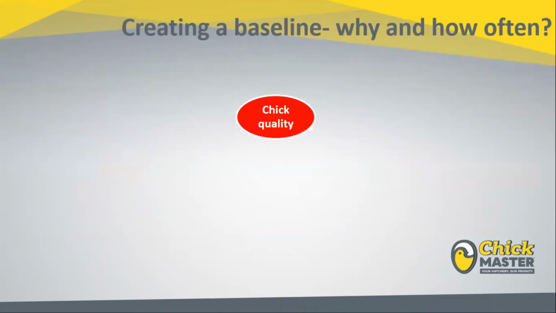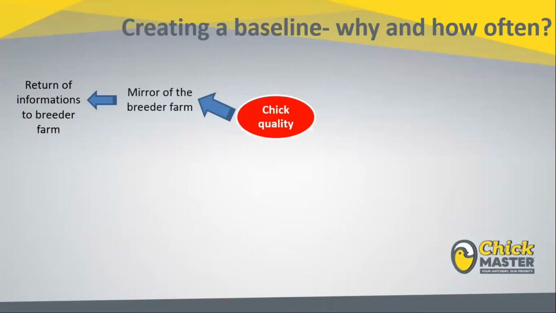Monitoring the chick quality has many advantages. The chick quality is the mirror of the breeder farm. So the return of information from the hatchery to the breeder farm will be very useful to maintain or to improve the results in the breeder farm.